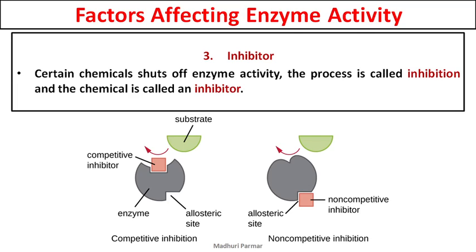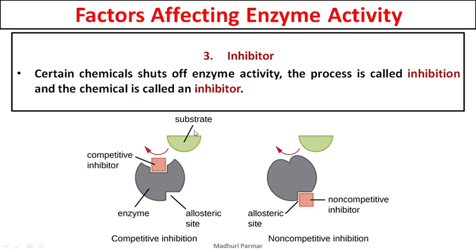There is competitive inhibition. In competitive inhibition, the substrate and the inhibitor have a similar kind of structure. Because they are similar in structure, they will fight for the active site. Think of a 100-meter race: there will be a competition between two participants.